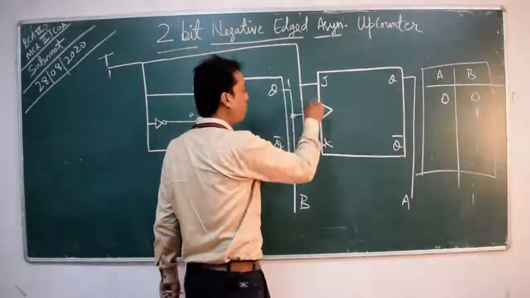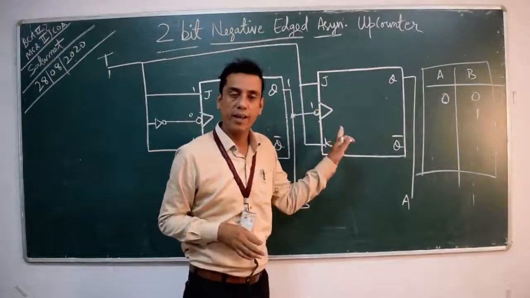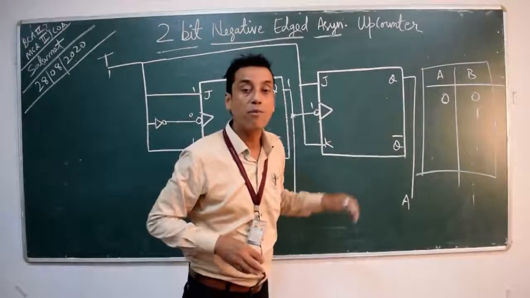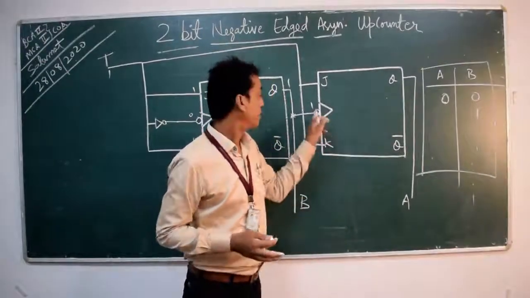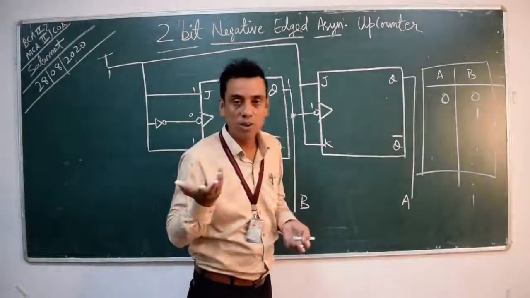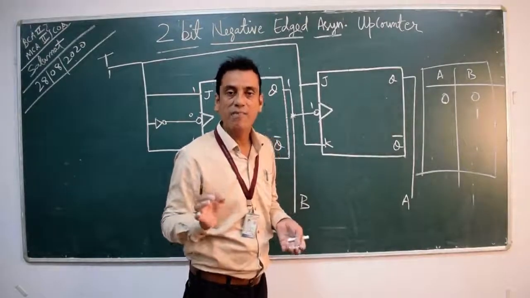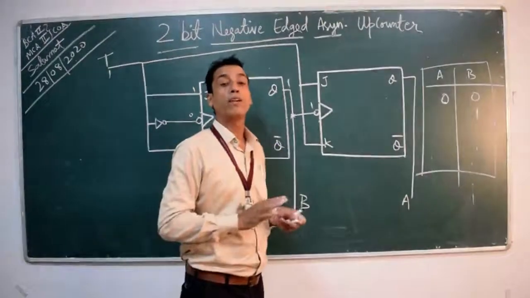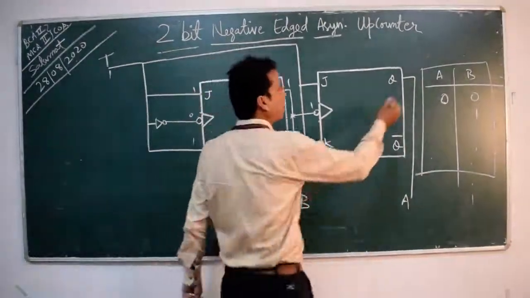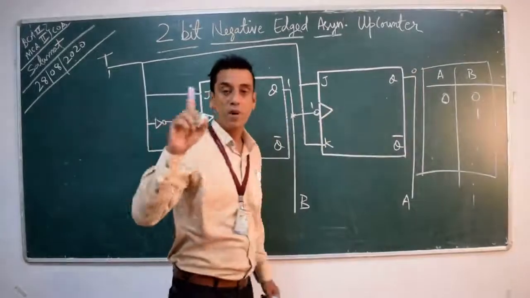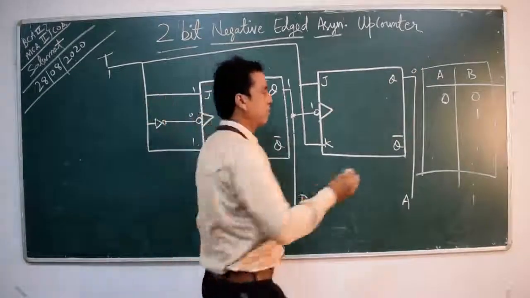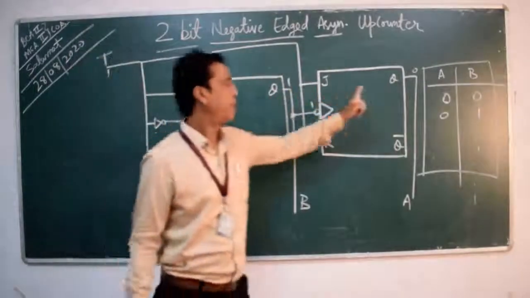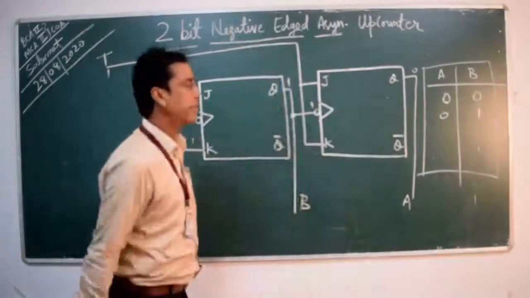So this 1 will be passed to the gate line of the next JK flip-flop, and what will happen? It is not going to open the door, because unless the negative edge flip-flop receives 0, the gate will not open. So its earlier value was 0 and it will remain 0. Note it down. Don't forget this value for the next state.